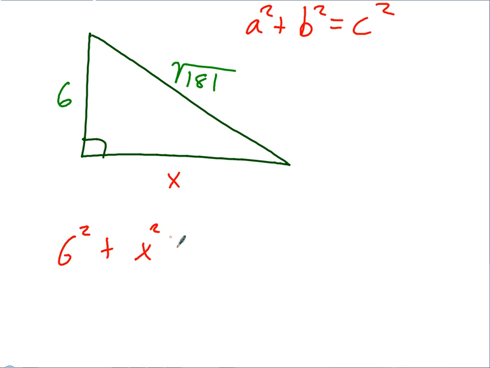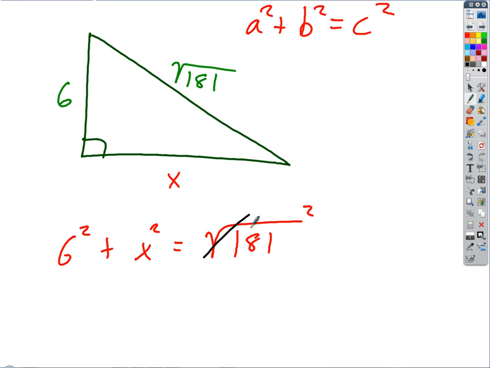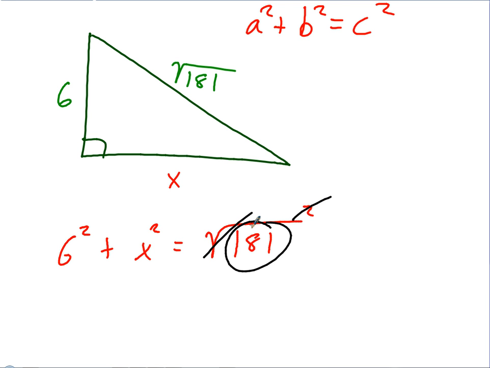Plus x squared equals the square root of 181 squared. Okay, and what happens if I square a square root, or if I square root a square? Yeah, they cancel out, don't they? For example, if I take 3 squared is 9, square root of 9 is back to 3 again, right? They cancel out. So that's handy. That just becomes a 181.